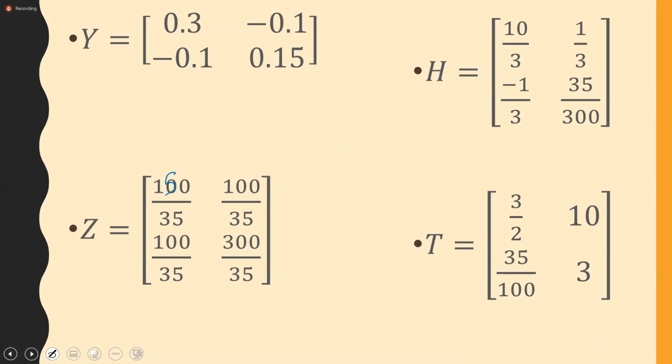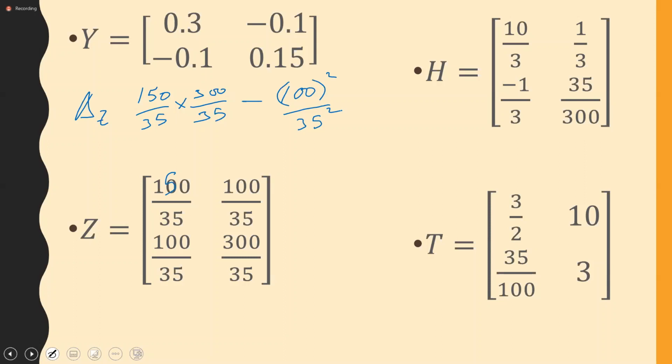So delta Z would therefore be 150 over 35 times 300 over 35, minus 100 over 35, squared.